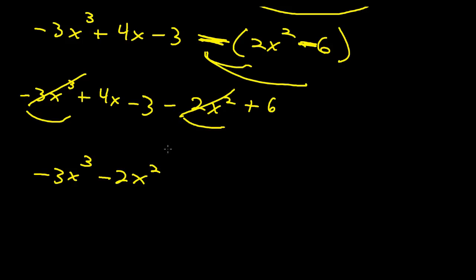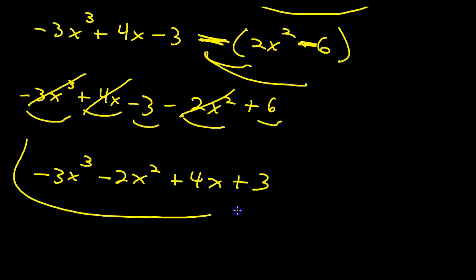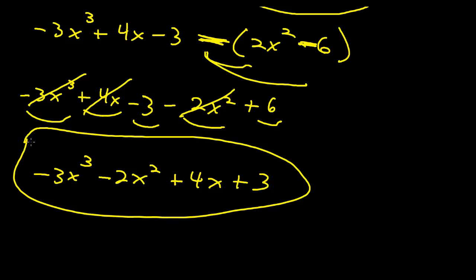For 4x, I have no other x terms, so I'll just carry down a plus 4x into the final answer. And finally, minus 3 plus 6. Those are the only two terms that combine. Minus 3 plus 6 is, of course, plus 3. So there's my final answer, subtracting polynomials.